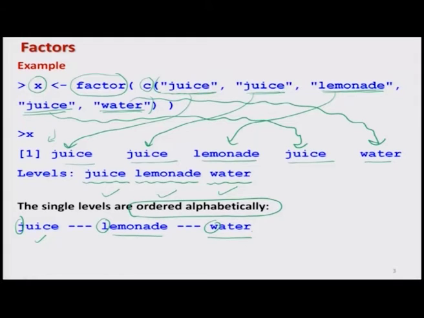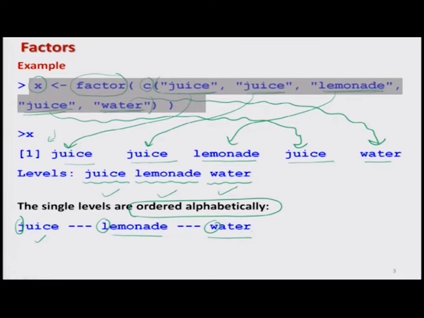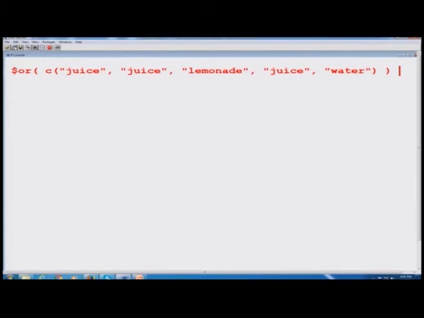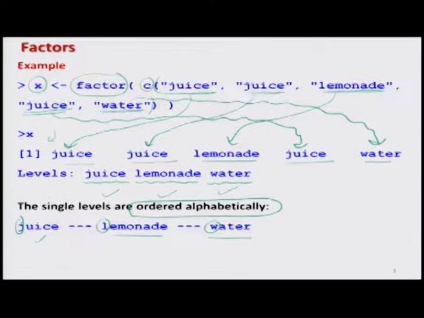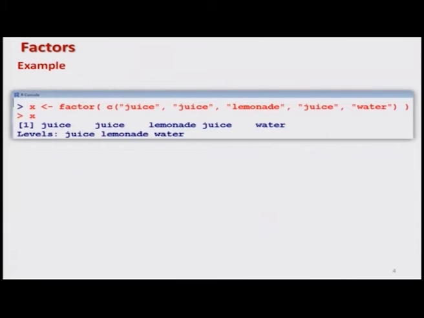Okay. Now, I do the same thing over the R console, and let us see what happens. You can see here we get the same thing, and the screenshot of the same outcome is given over here.